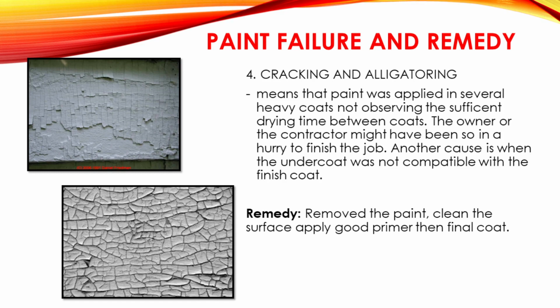Then the owner or the contractor might have been in a hurry to finish the job. Another cause is when the undercoat was not compatible with the finished coat. So ang paint, lahi ang paint nga gigamit, so dili siya compatible with each other. So ang imong dapat himon ani, remove the paint, clean the surface and apply a good primer, then final coat.